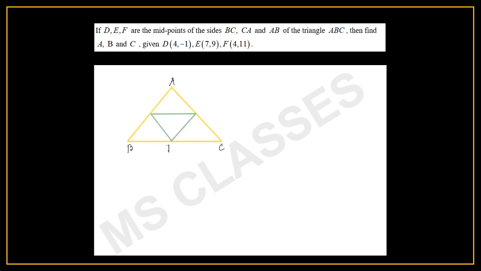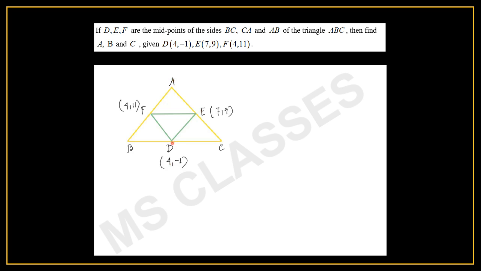Here we have D, E, and F. So here D is given by 4, comma minus 1. E is given by 7, comma 9. And F is given by 4, comma 11. Now here we'll try to find A. The same rule will be followed. When we are finding the vertex A, this will be E plus F minus D.